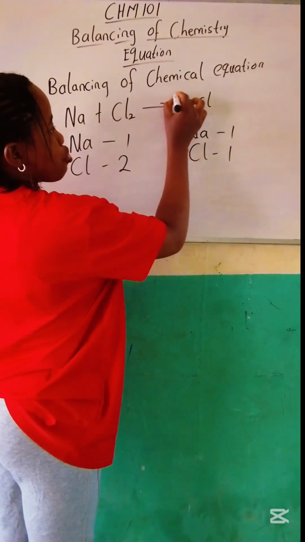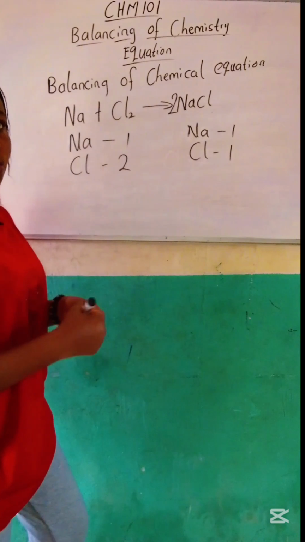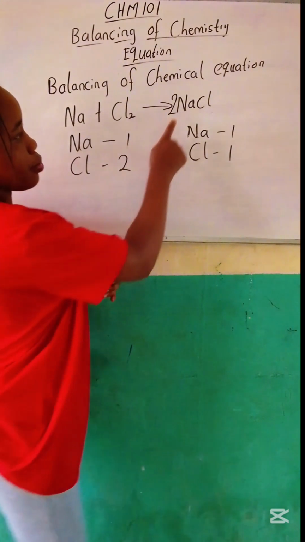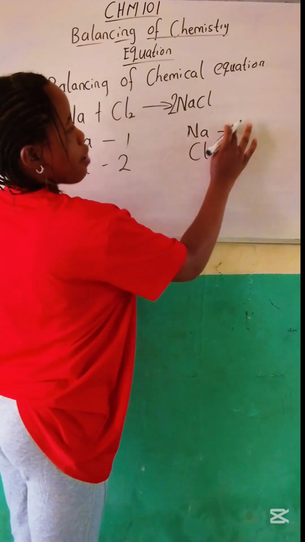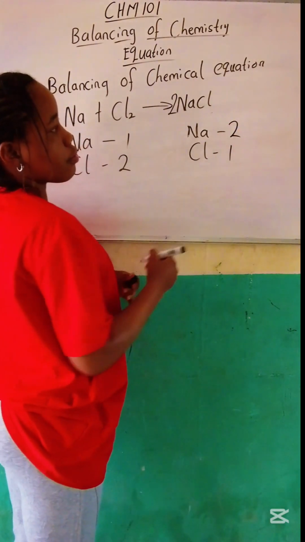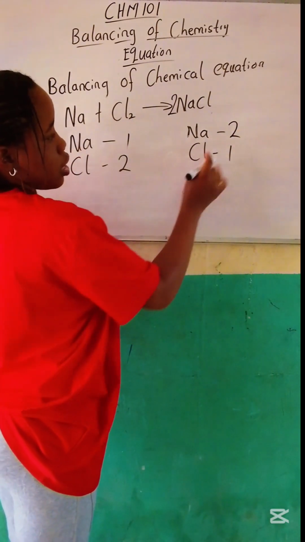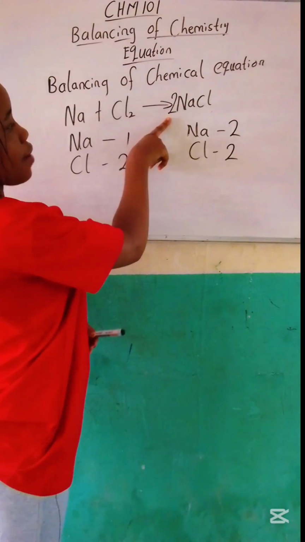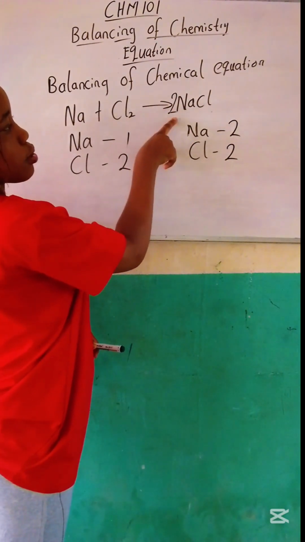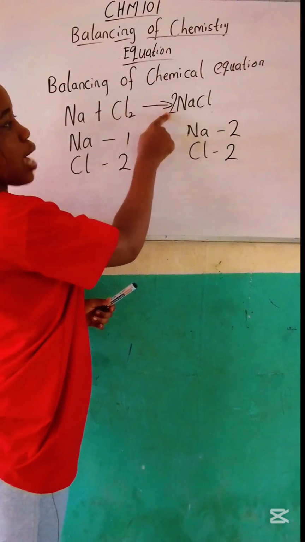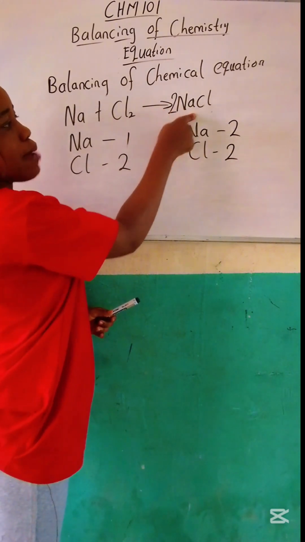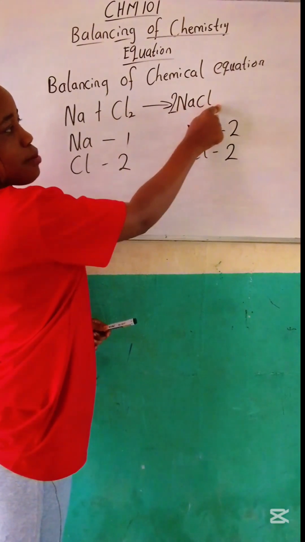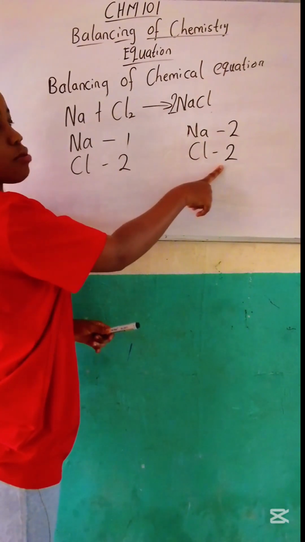So we introduce 2 in front of sodium chloride. Now the sodium goes with this, so we have 2 atoms of sodium and 2 atoms of chlorine. We have 2 since it was already 1 and we introduced 2, and 2 times 1 is 2. So we have 2 atoms of sodium, 2 times 1 is 2, and 2 atoms of chlorine.